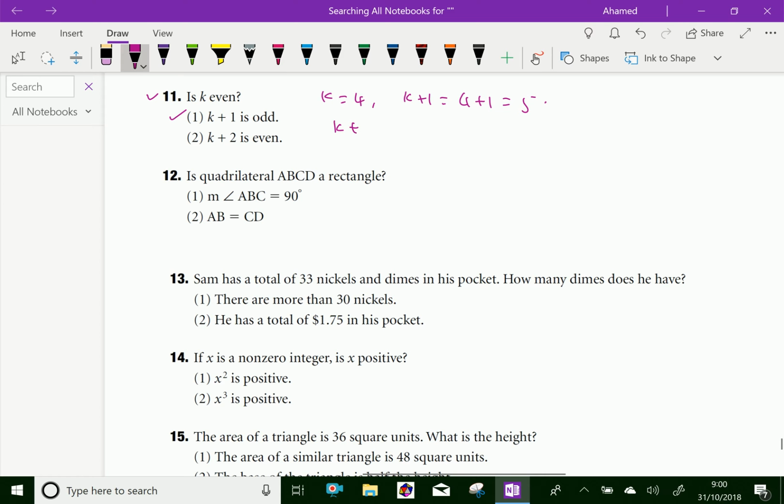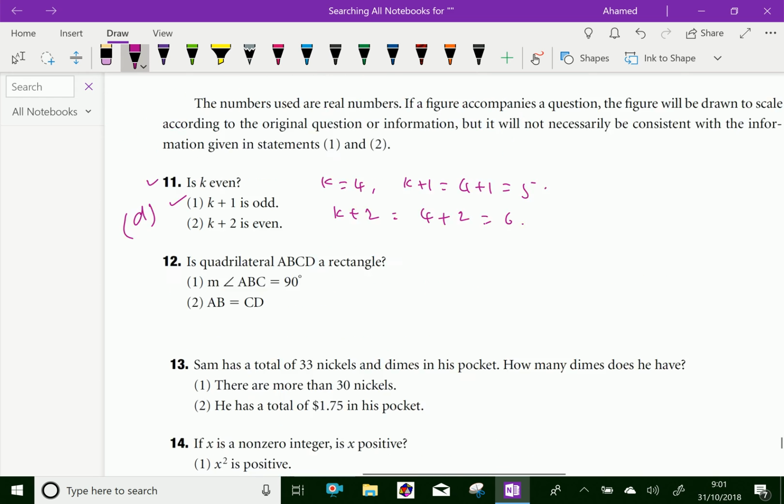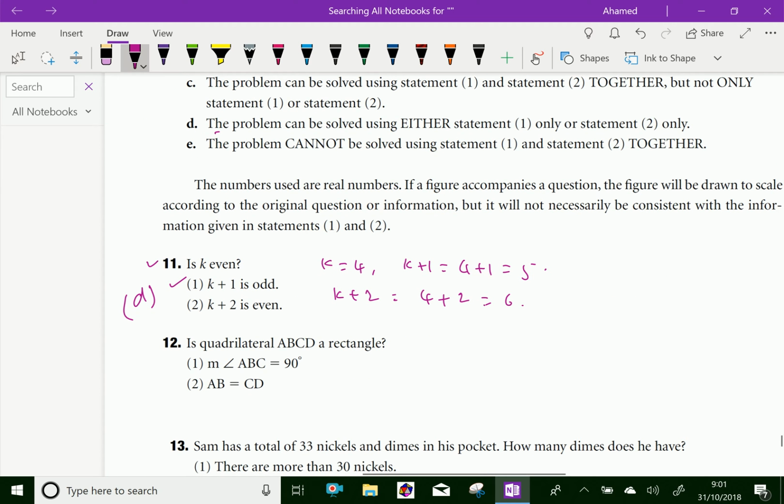K plus 2 which is equal 4 plus 2 is 6, it is even. So each statement individually enough to solve the problem. So our option is D. Here the option D says the problem can be solved by either statement 1 only or statement 2 only.